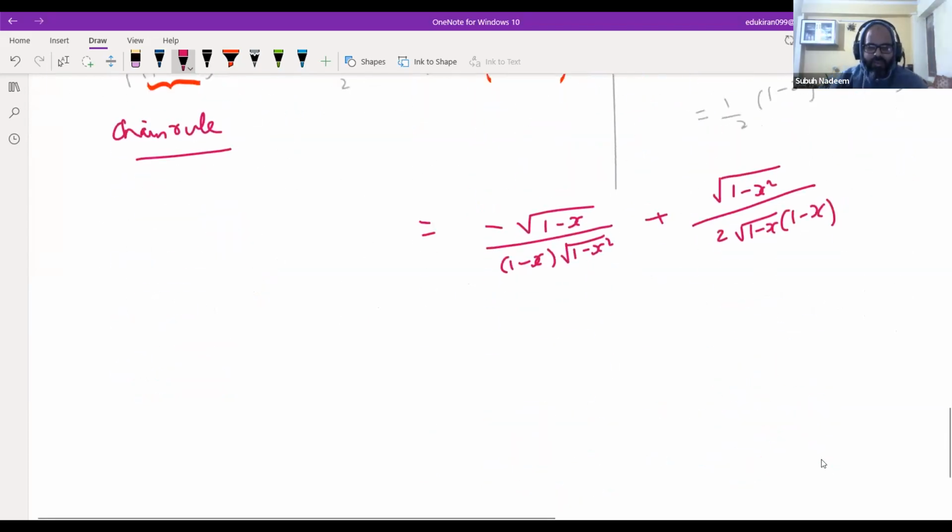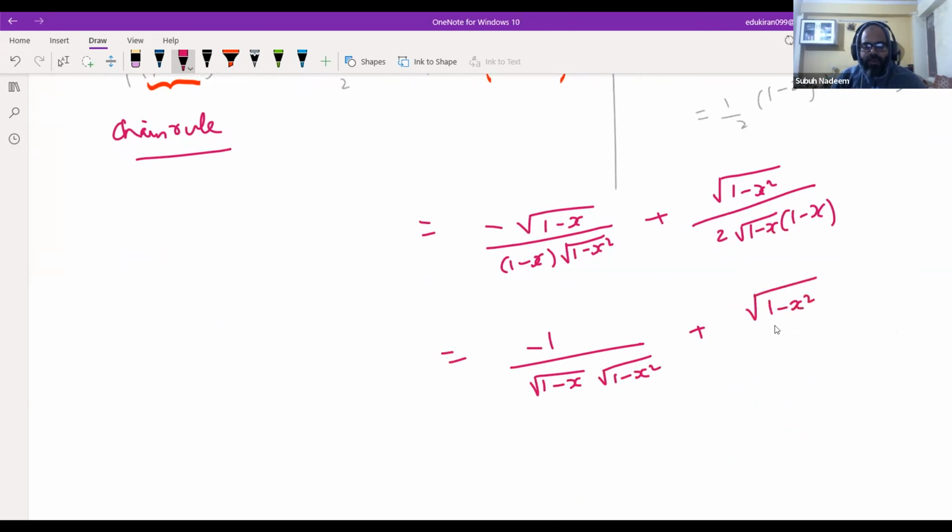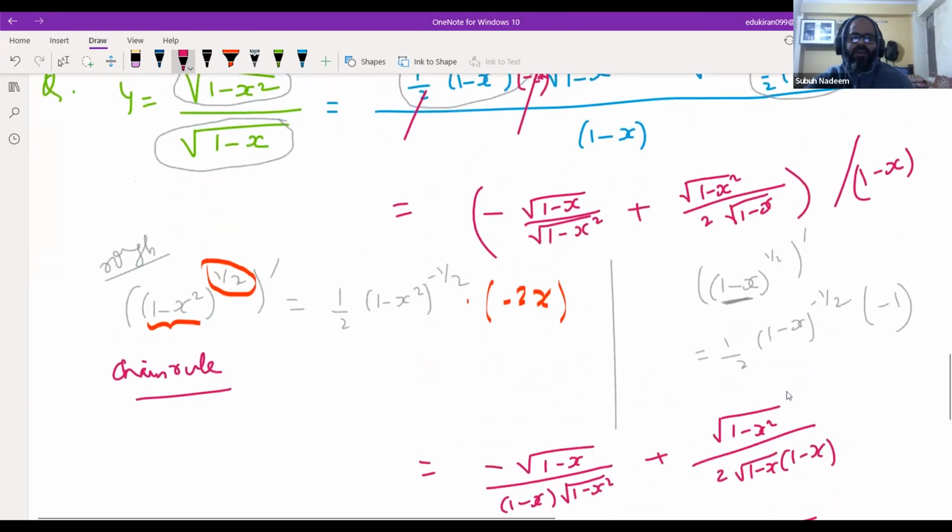And then you will write it as minus 1 by, this will become root 1 minus x, and this will be root 1 minus x square, and plus root over 1 minus x square by 2 root over 1 minus x into (1 minus x) as it is. This will be your final answer. So you can start writing from here.